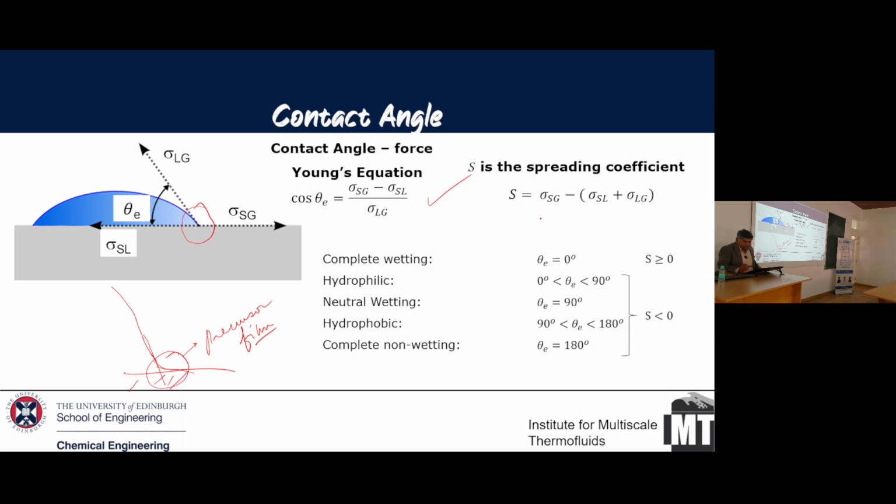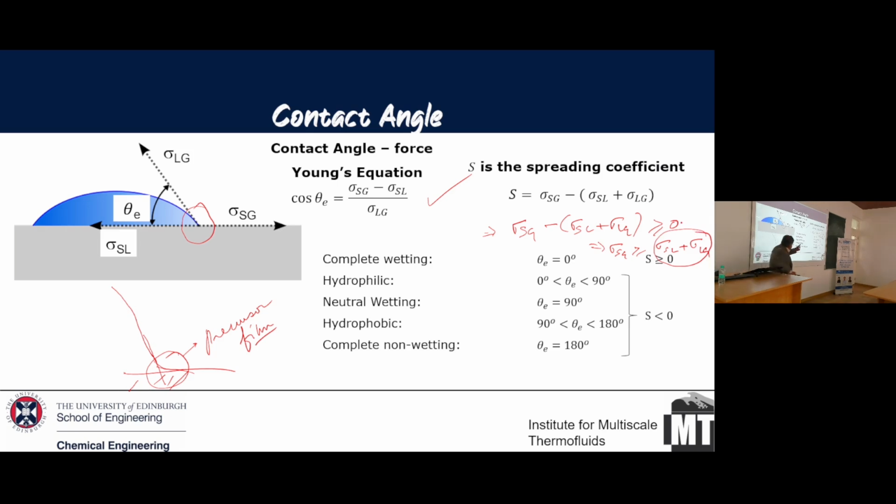Now, if S is greater than or equal to 0, this means that sigma Sg minus sigma Sl plus sigma Lg is greater than or equal to 0. That means sigma Sg is greater than or equal to the sum of the solid-liquid surface energy and the liquid-vapor surface energy. That means this is the minimum energy configuration.